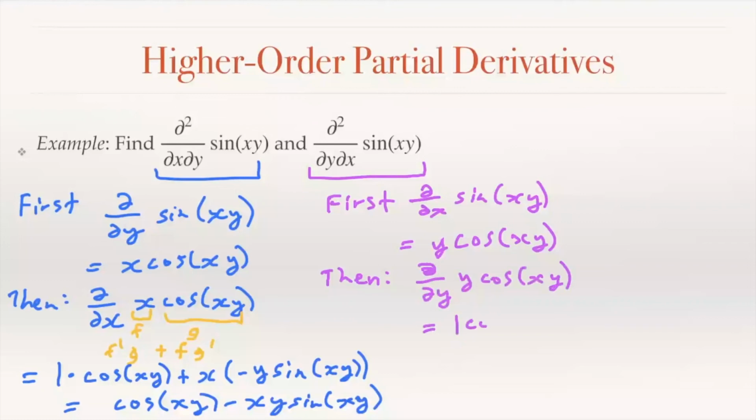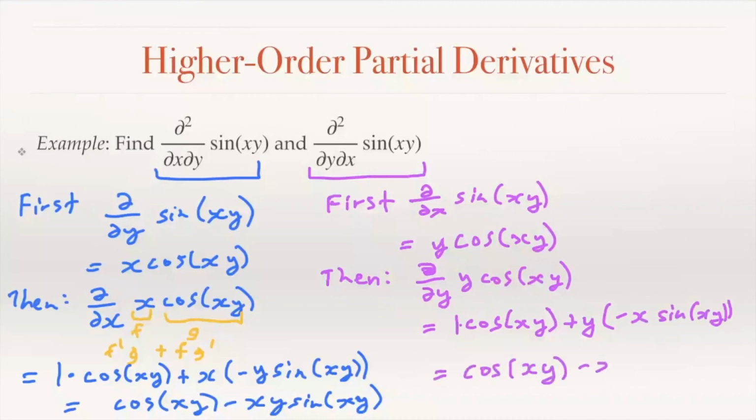And then we have cosine of xy. And then plus y times the derivative of cosine xy with respect to y. Now x is a constant, pull it out. Derivative of cosine is a negative sign. So we have negative x times sine of xy. So that is cosine of xy minus xy sine of xy.